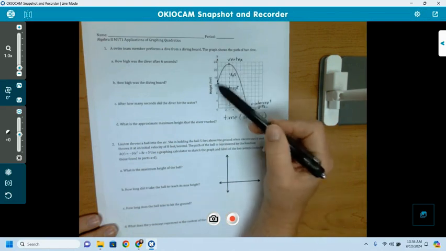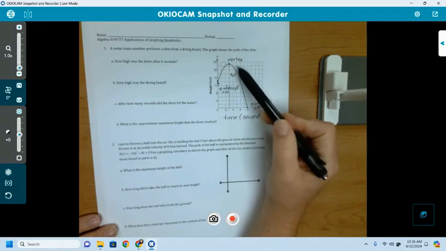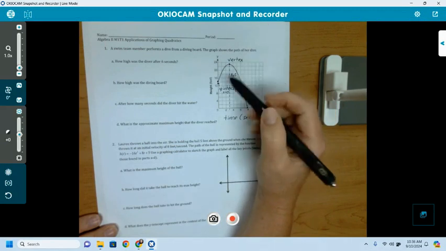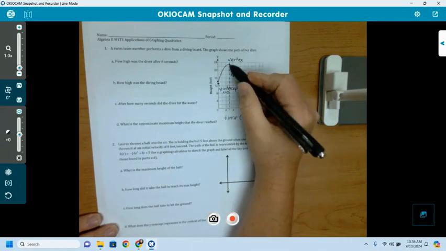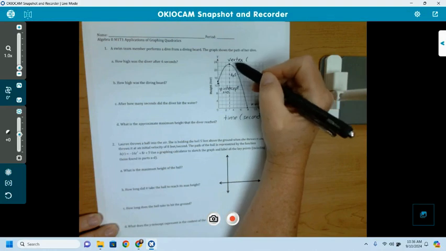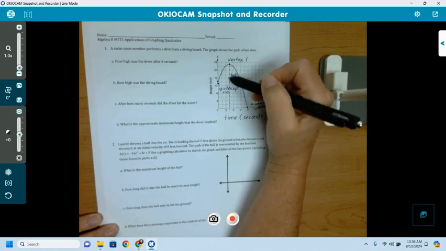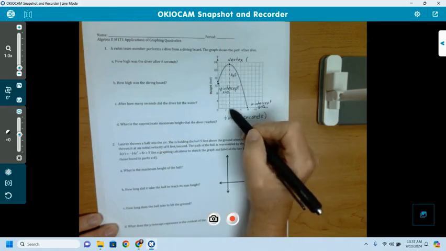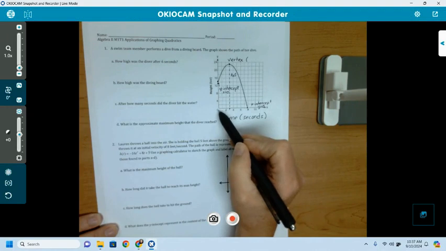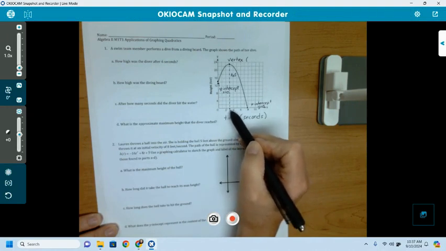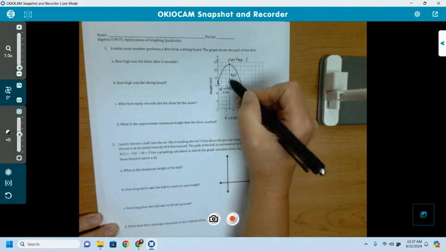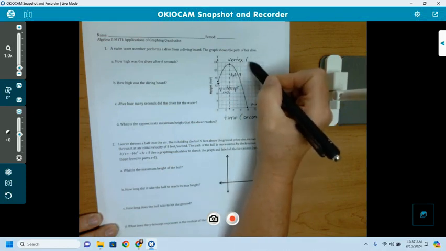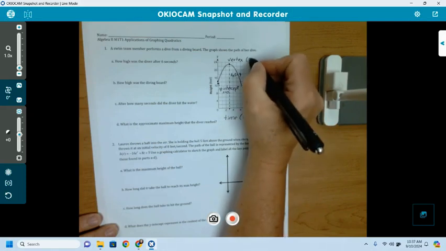Let's see if we can already identify some of the values of these parts. The x value of the vertex is going to be the same value of the axis of symmetry. So I see that the axis of symmetry is at this point. So x equals 1, 2, 3. So the axis of symmetry equals 3. That means the x value of the vertex is 3.